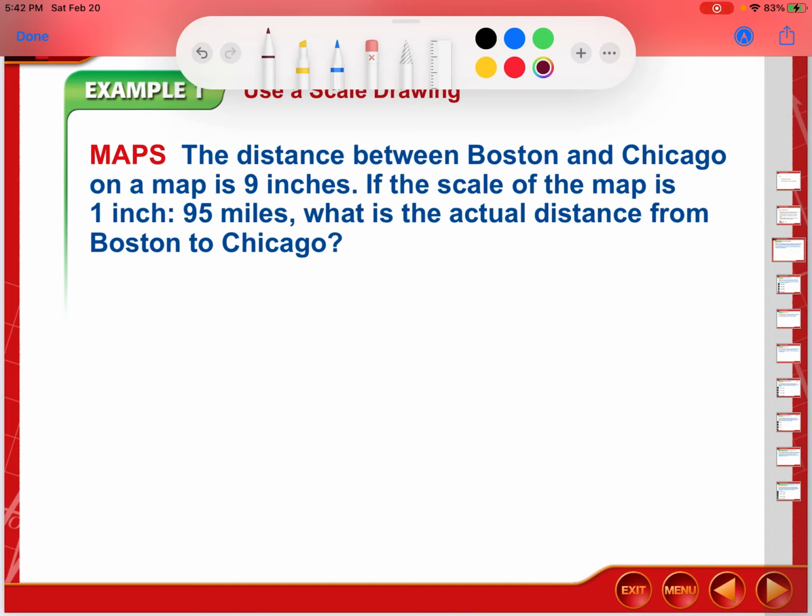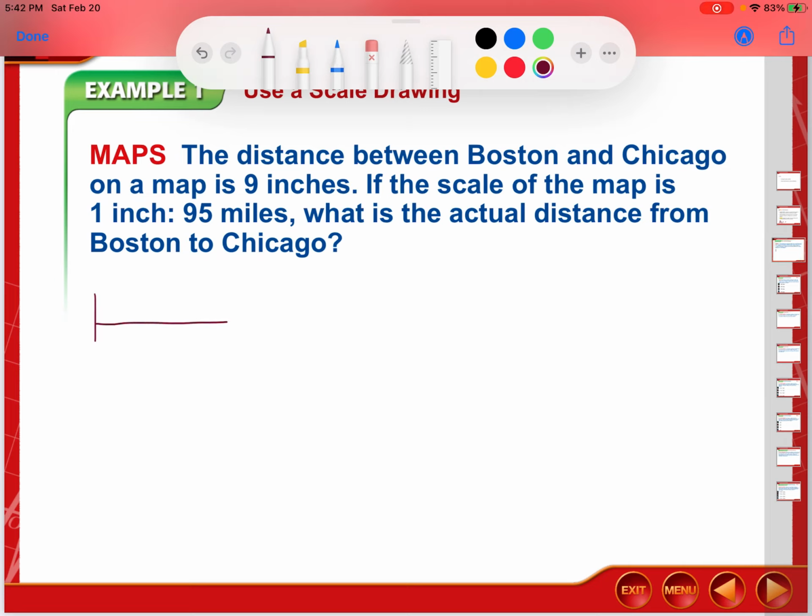But anyway, on a map, the distance between Boston and Chicago is 9 inches. If the scale of the map is 1 inch to 95 miles, what is the actual distance from Chicago to Boston?